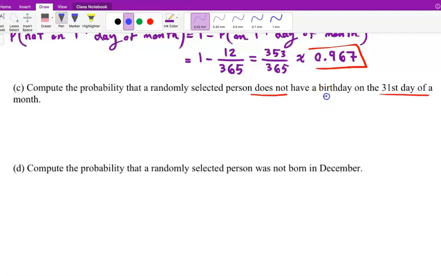We have January, March, May, July, August, October, and December. Okay, so in total we have 7 months.